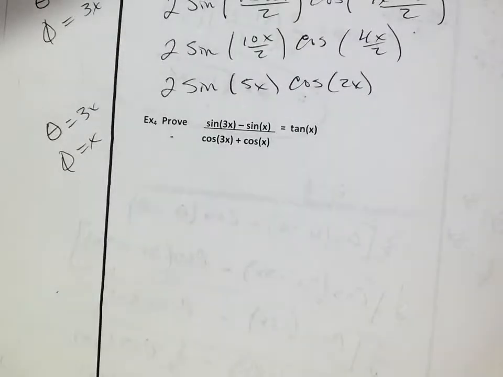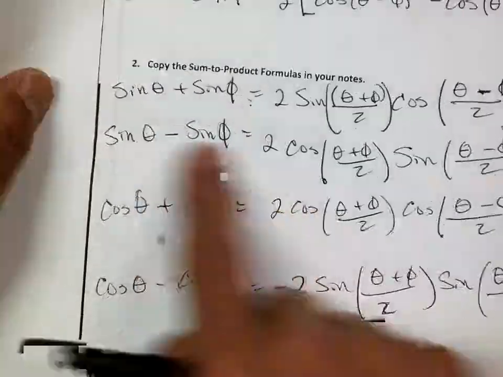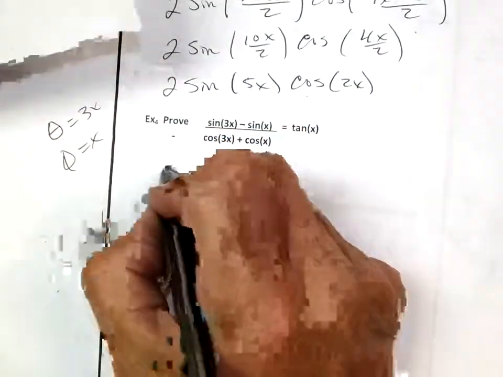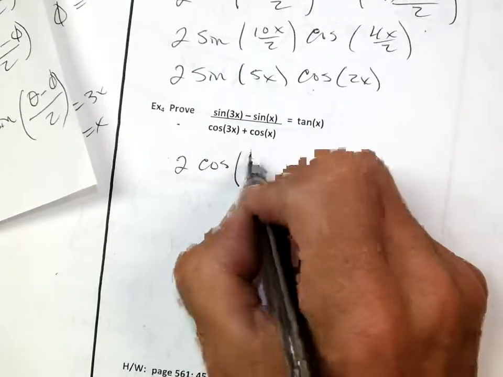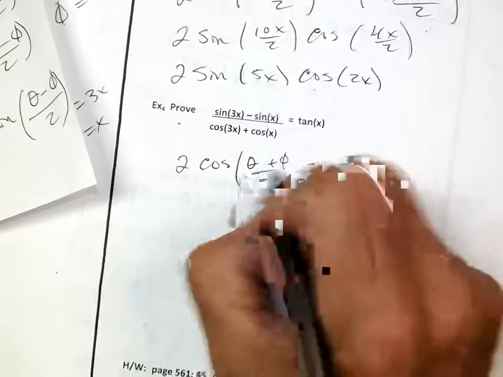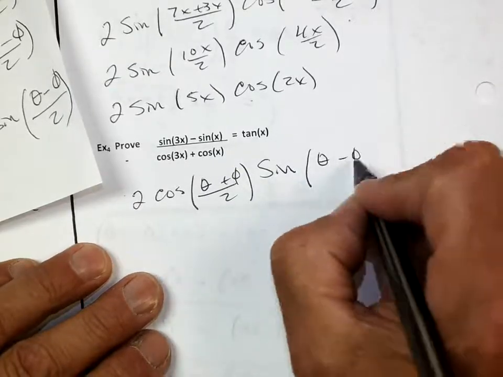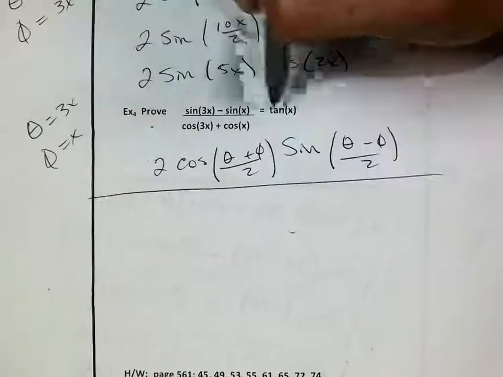So let me write down the formulas, okay? This one's sine minus sine, and for sine minus sine, I'm going to write this identity on the top: 2 cosine of theta plus phi over 2 sine of theta minus phi over 2, all divided by, so I'm using the first identity on top.